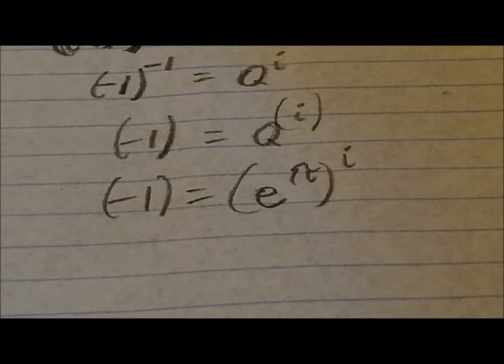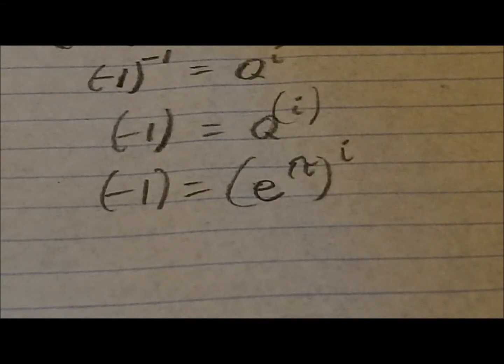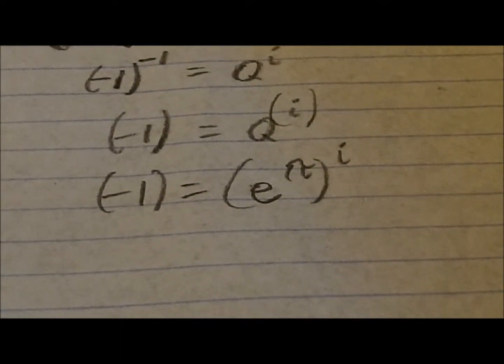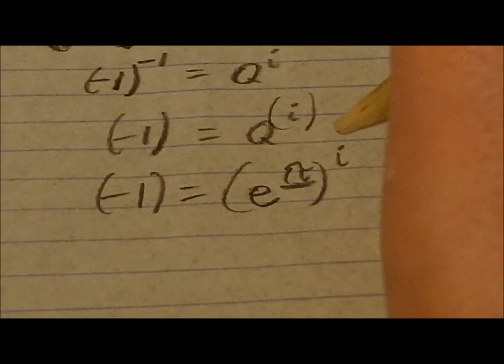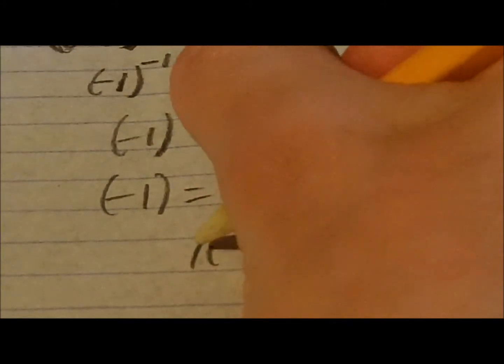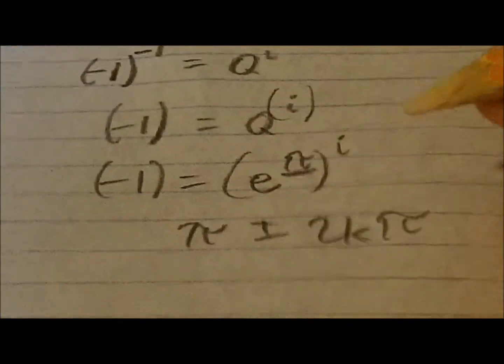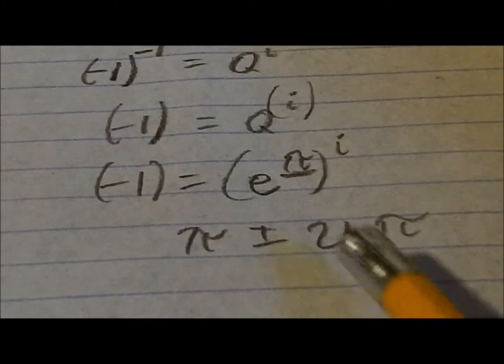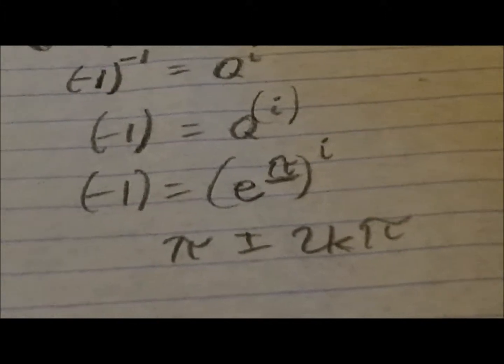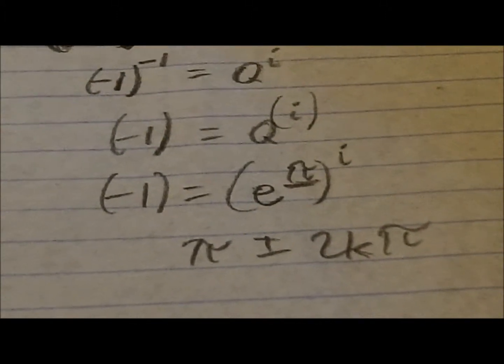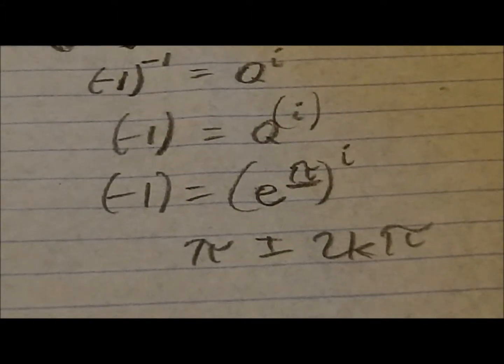If you're thinking about it in terms of the fact that e to the x is cyclic when we introduce imaginary numbers, then we know the answer is not just pi here. We could have something else. We could have pi plus or minus 2k pi. And I'm saying 2k pi because 2k pi is a pretty common thing you'll see when talking about the unit circle, because it's one full rotation, or any integer multiple of a full rotation.